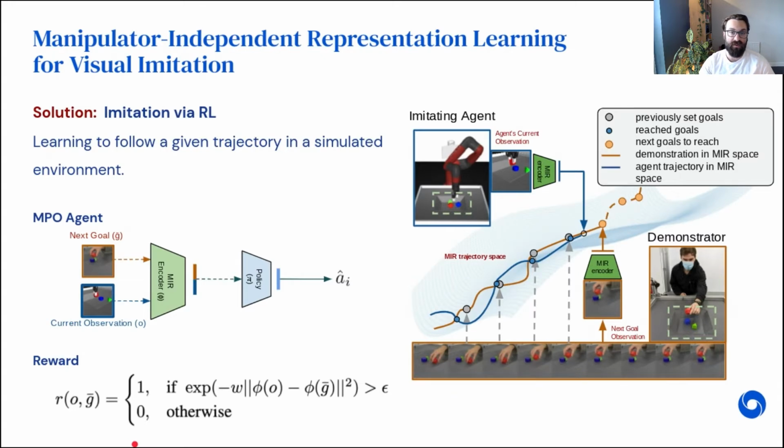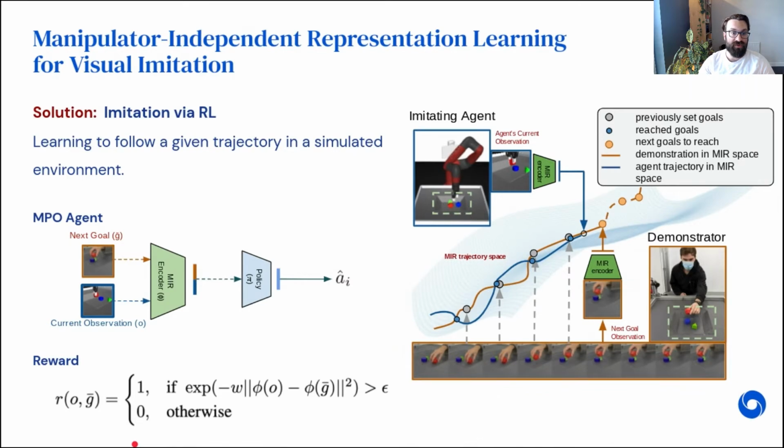In our work, we used maximum a posteriori policy optimization, or MPO, where our MPO agent was conditioned on the current observation of the imitating agent and the next goal that is sampled from the demonstration. And what our agent would then output would be the action to take that would get the agent closer to that goal.